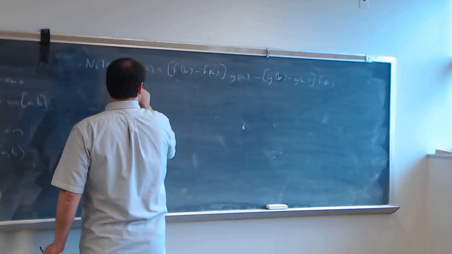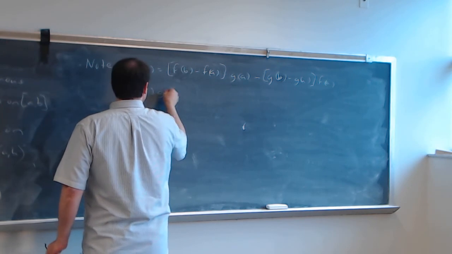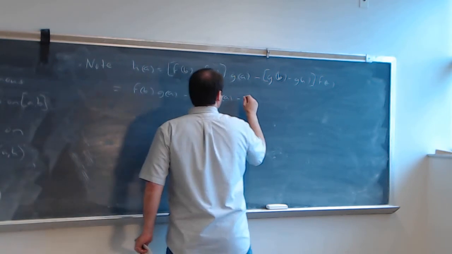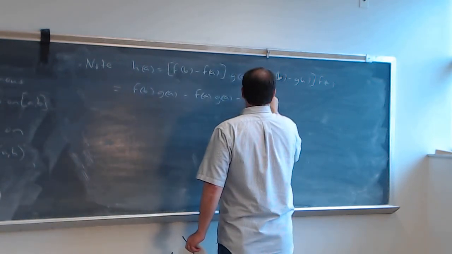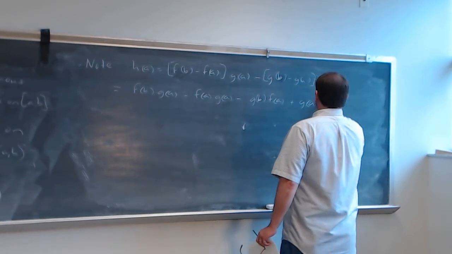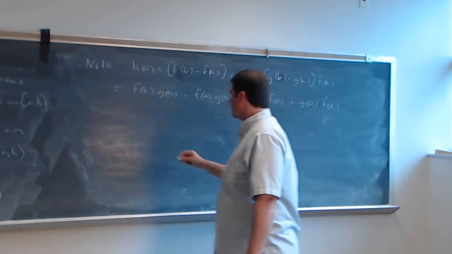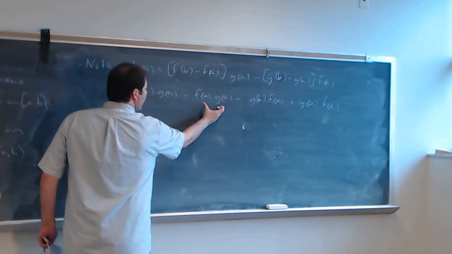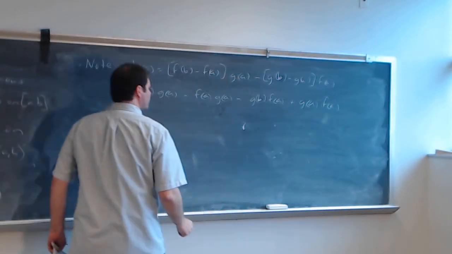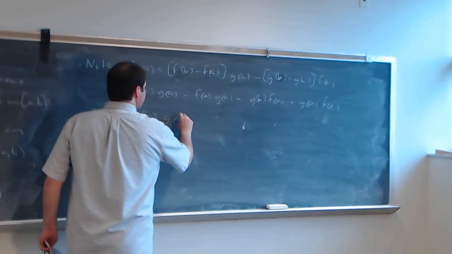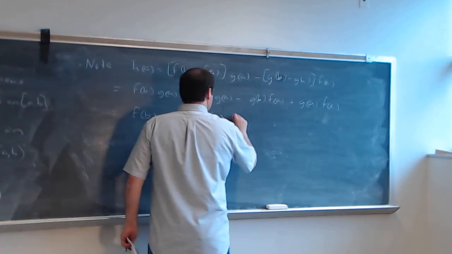If we expand this using simple algebra, that's f of b g of a, minus f of a g of a, minus g of b f of a, plus g of a f of a. The minus f of a g of a occurs twice, one with positive, one with negative sign, and so we cancel. So we get f of b times g of a minus g of b times f of a.